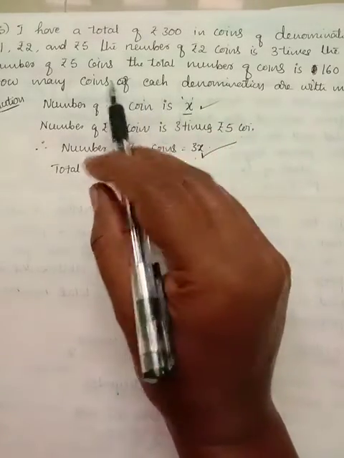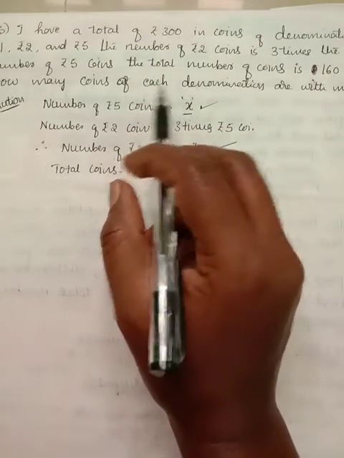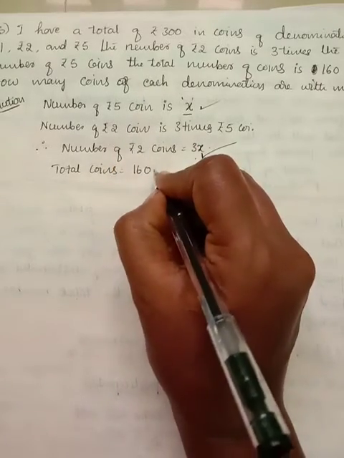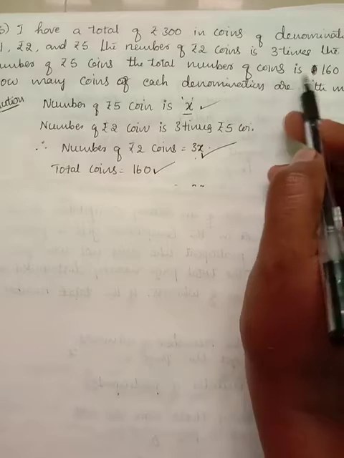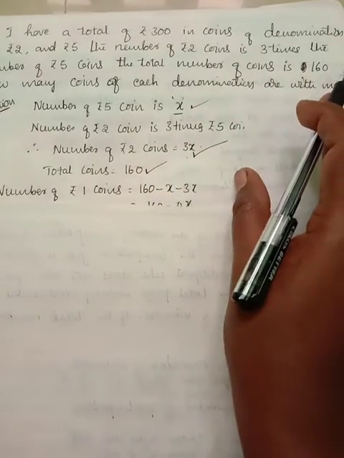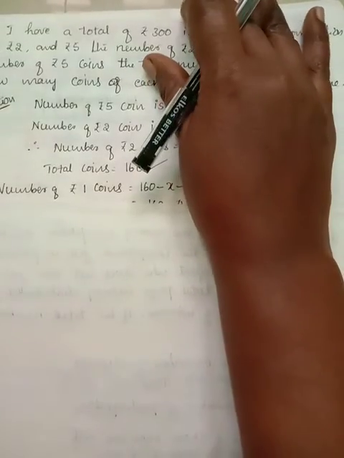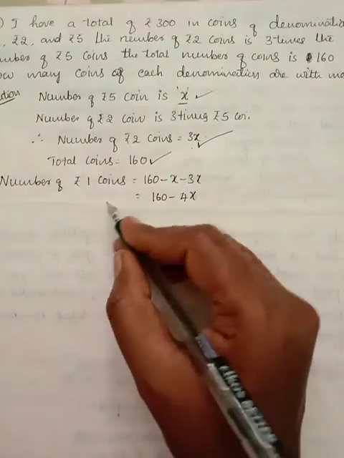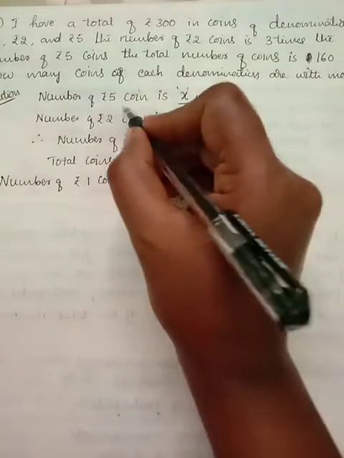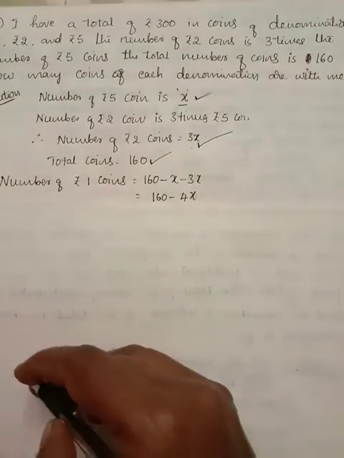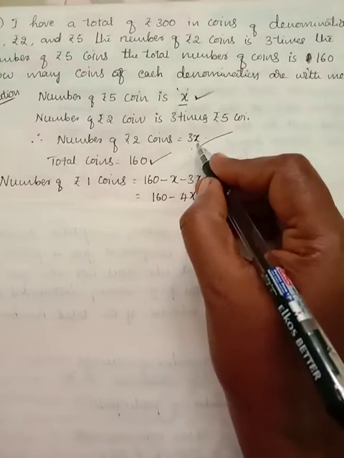Then the available information in our problem is the total number of coins, which they told us is 160. Now we write another step of our problem: the number of 1 rupee coins we leave for now. We found that the 5 rupee coin is x and the 2 rupee coin is 3x.